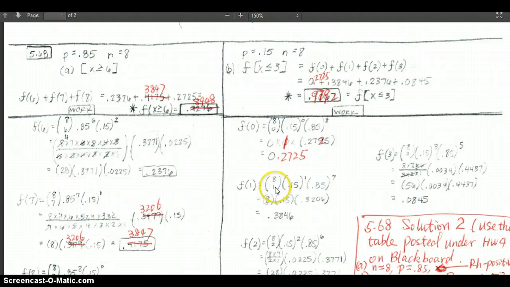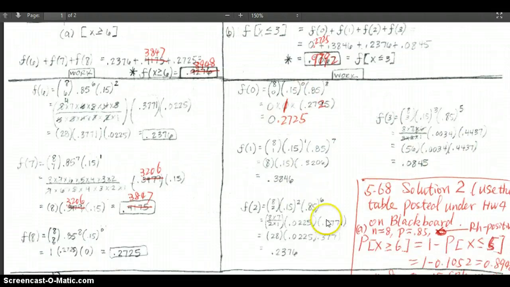And then we can use the formula to find f(1). So 8 choose 1, and p raised to 1, and 0.85 raised to 8 minus 1, which is 7. So we get this answer, and find 8 choose 2, and 8 choose 3, plugging into the formula. So we find all these 4 different values, and we need to add them up.